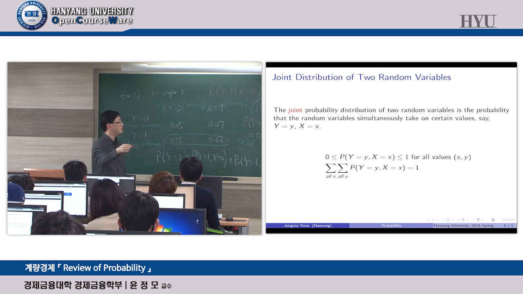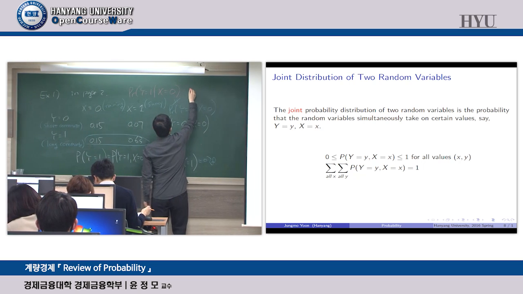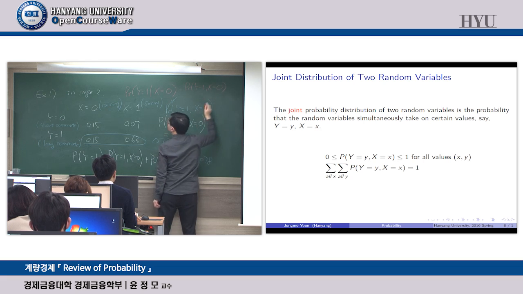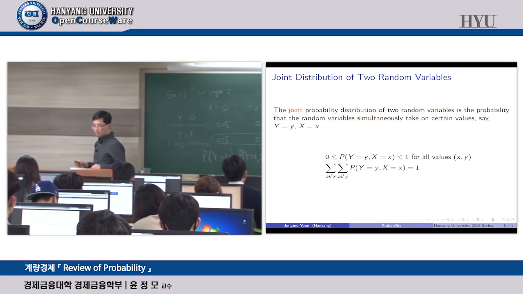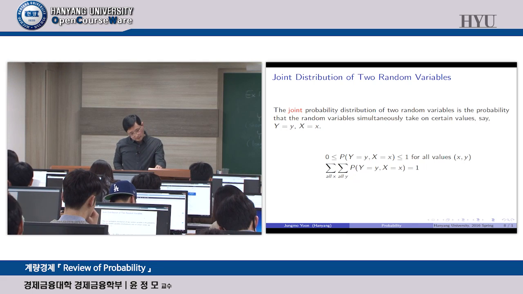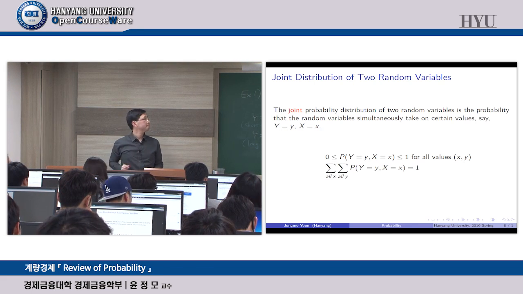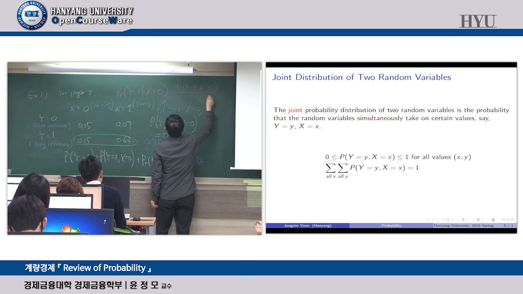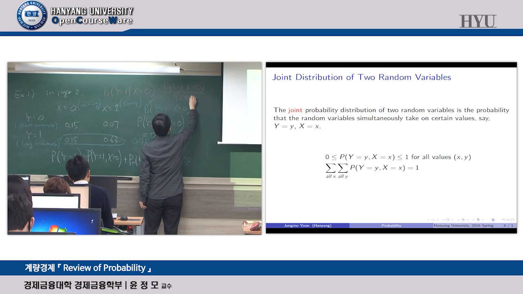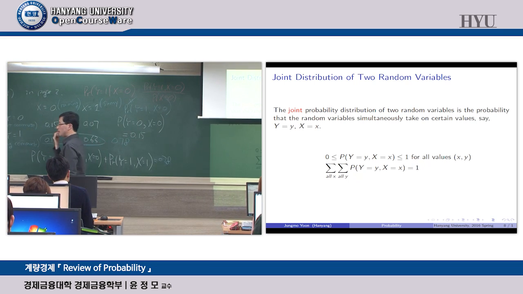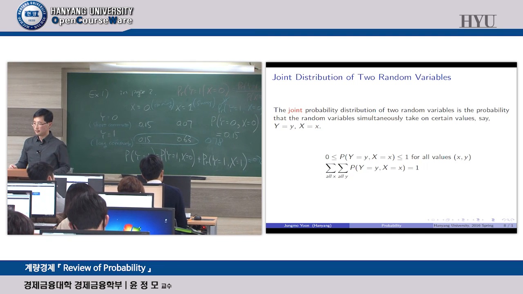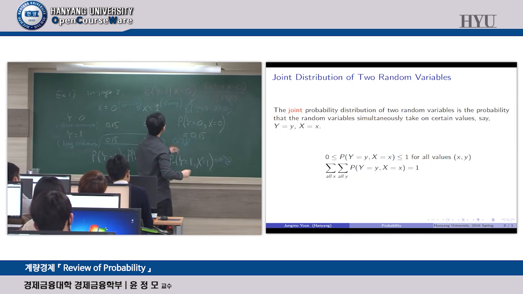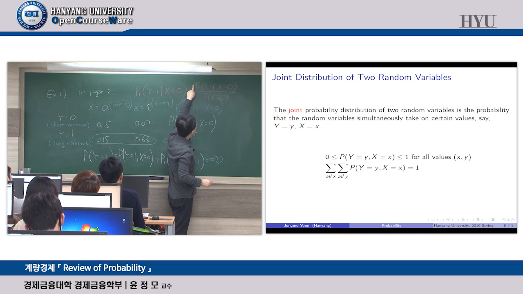Okay, remember that, joint divided by marginal. Conditional is joint divided by marginal.